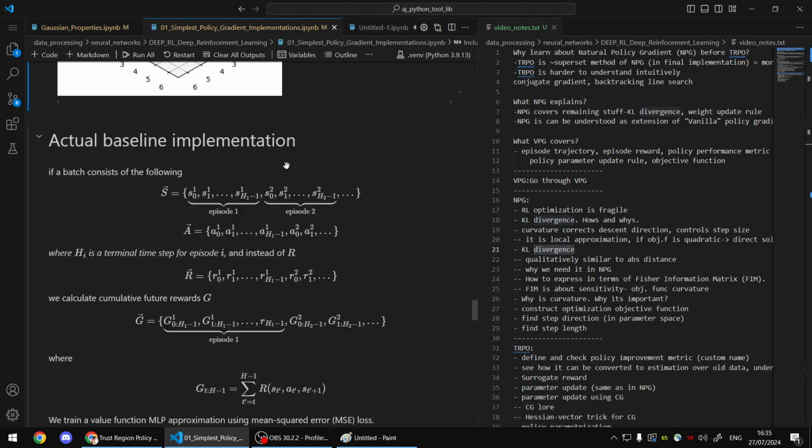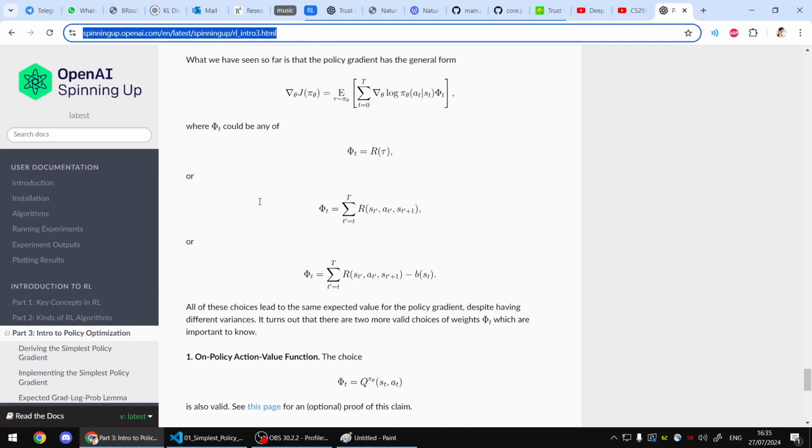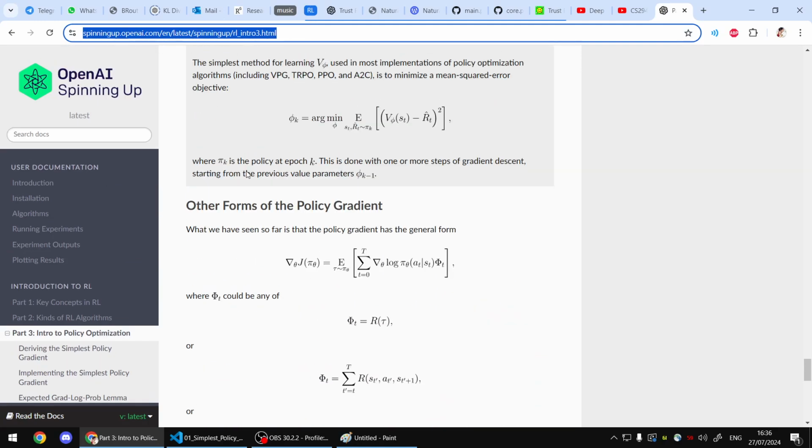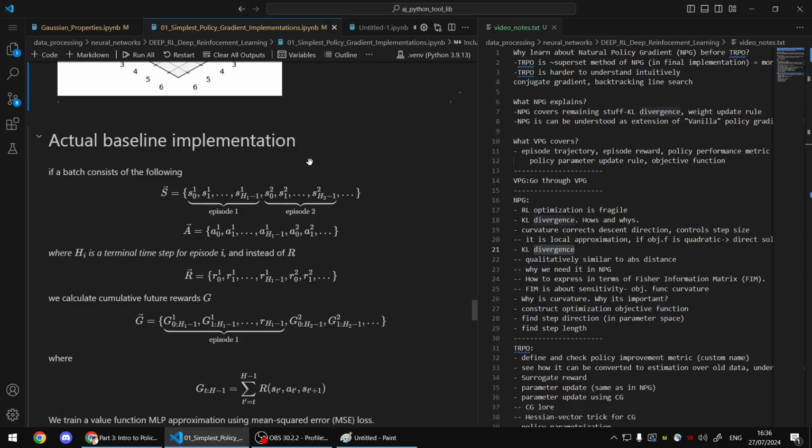And in the actual implementation, at least in this case of Spinning Up, they decided that they will not use every single trajectory and optimize after each one, for various reasons. Each individual trajectory is not representative of the actual dynamics.